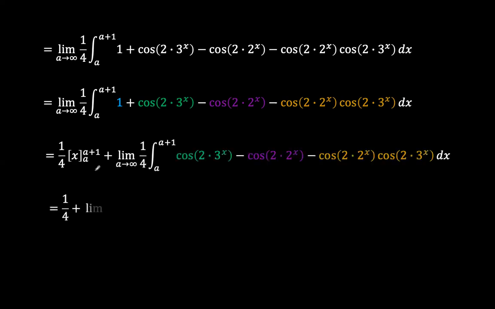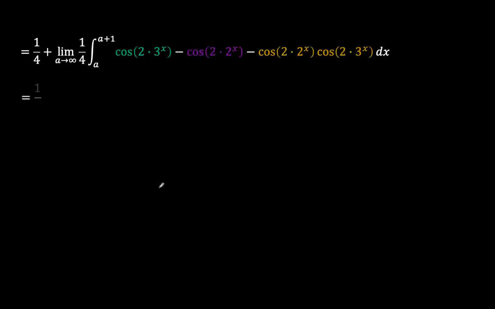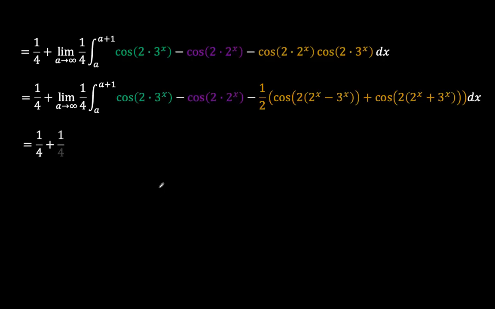But the important thing here is that as a tends to infinity, for these other remaining terms, the lower limit is positive infinity and the upper limit is positive infinity, right?